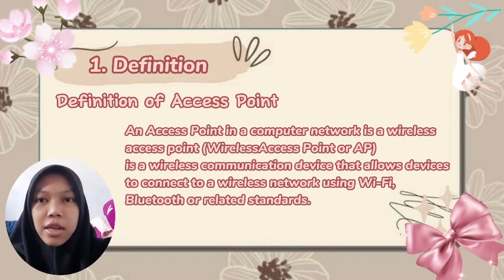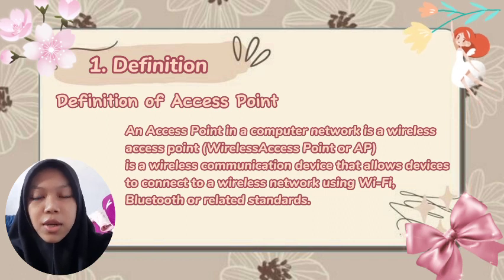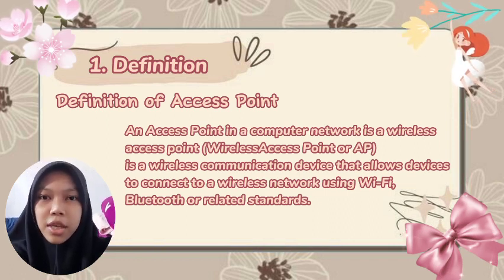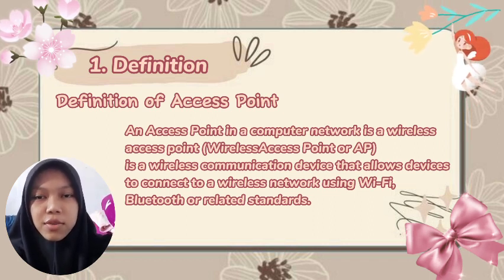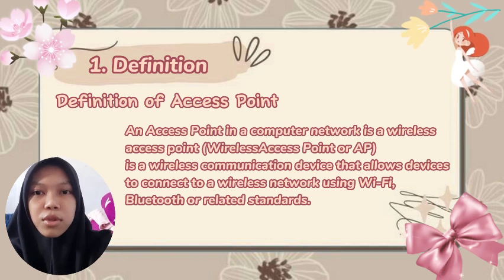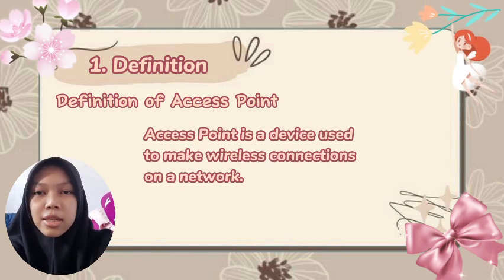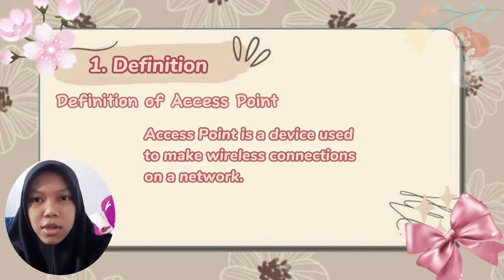In computer networks, it is a wireless access point, or AP, a wireless communication device that allows devices to connect to a wireless network using Wi-Fi, Bluetooth, or related standards. An access point is a device used to make a wireless connection on a network.